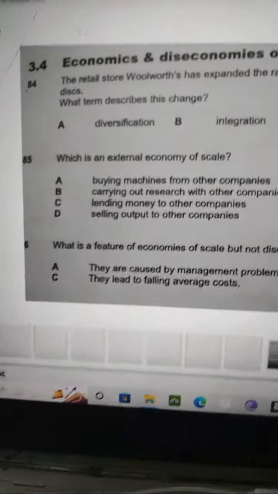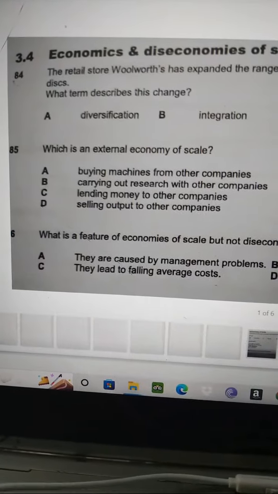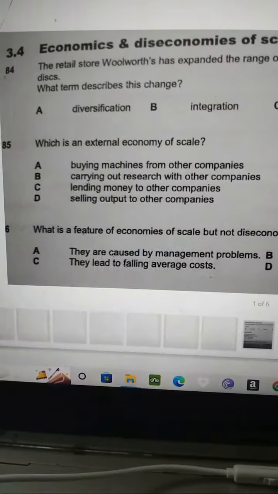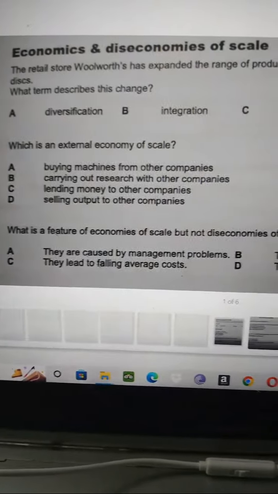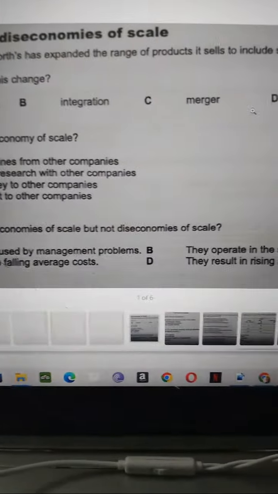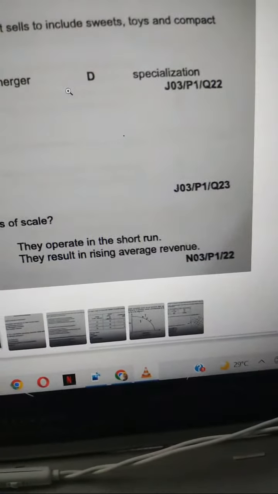Not a very good sign. Economies of scale is always beneficial because your average cost of production is decreasing, and then you can sell your product at a low price. Diseconomies of scale, negative concept, where it is really expensive for you to produce.